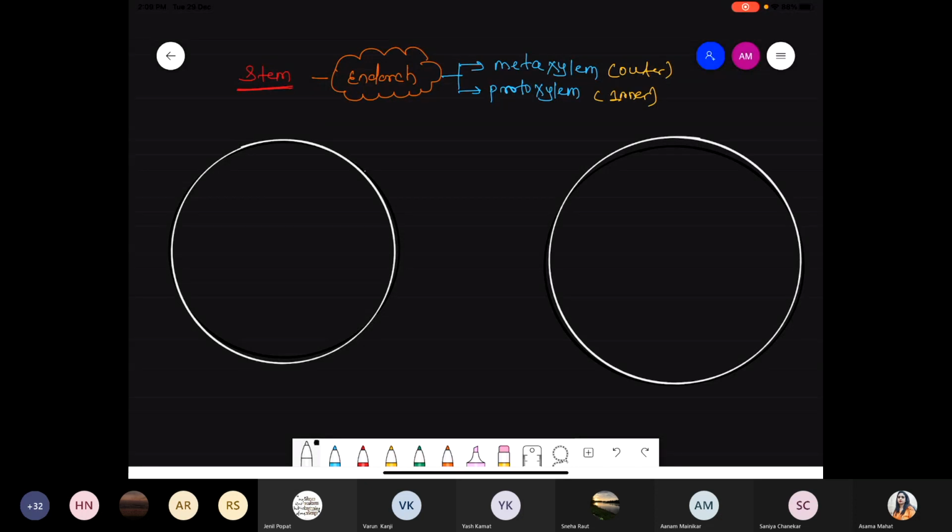This white color is the outermost layer of the stem. That layer is called the epidermis.